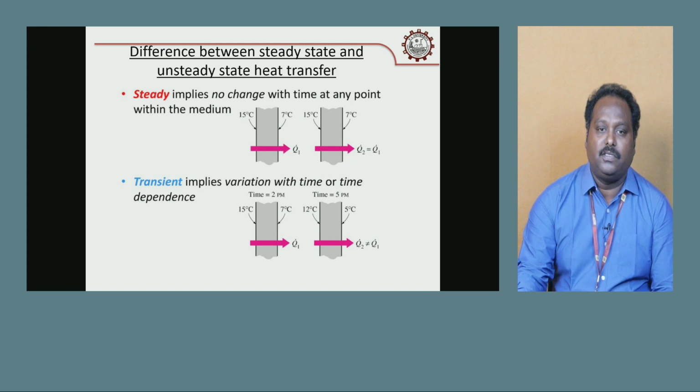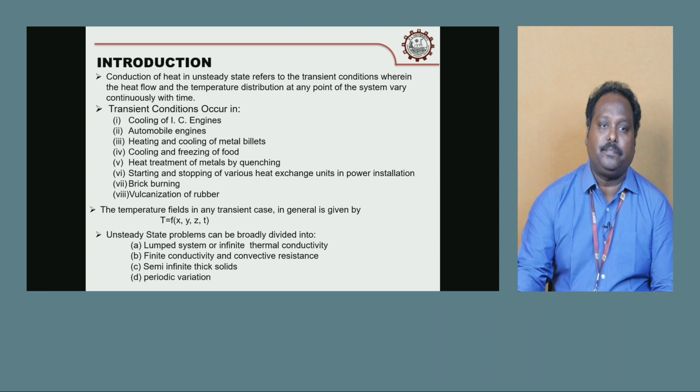The heat flow is constant in both diagrams. In the first one the time is 2 p.m., and in the second diagram the time is 5 p.m. So you can find the temperature reduction: 15 degrees reduced to 12 degrees centigrade, 7 degrees reduced to 5 degrees. That means with respect to time, heat is getting varied. That is called transient or unsteady state heat conduction.